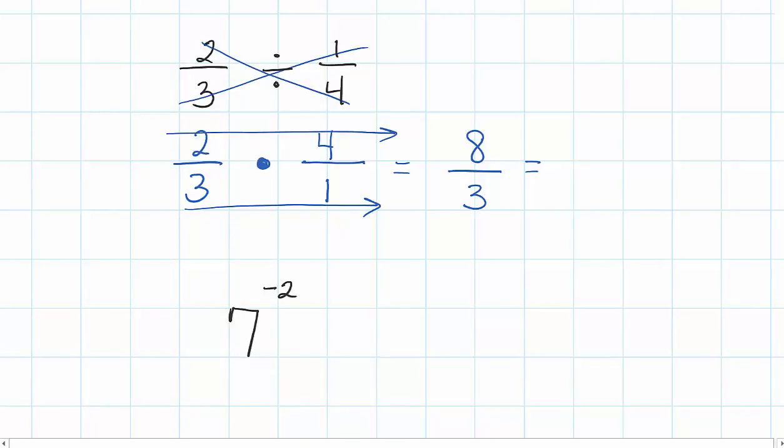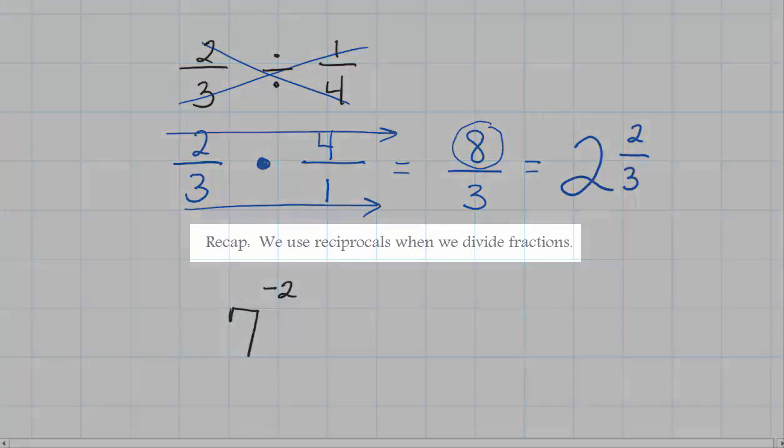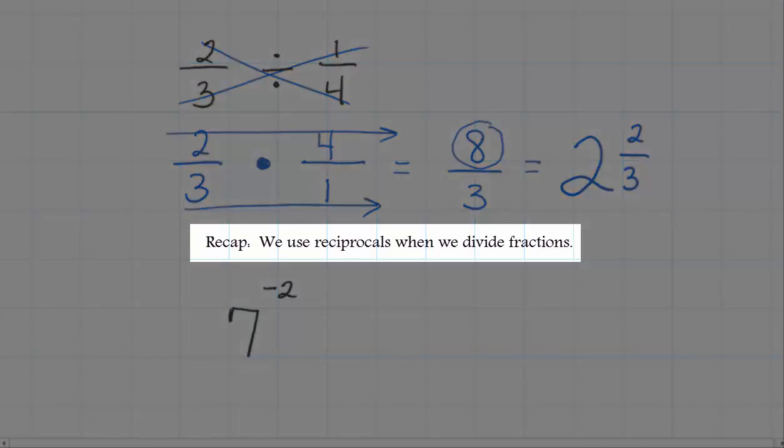The 3, or the denominator, tells me how many pieces make one whole. So for every 3 pieces, I'm able to make one whole. Well, I have 8 pieces, and that means I can make 2 wholes, and there would be 2 pieces left over out of 3 that I would need in order to make a whole. Let's take a look at the second example.